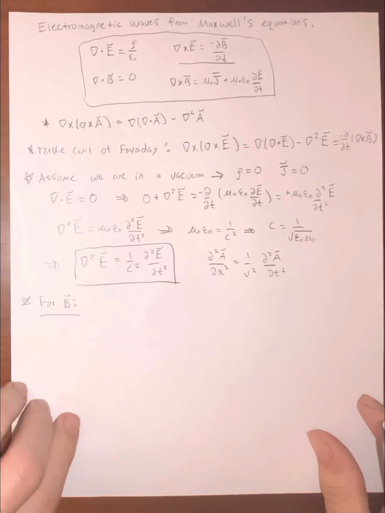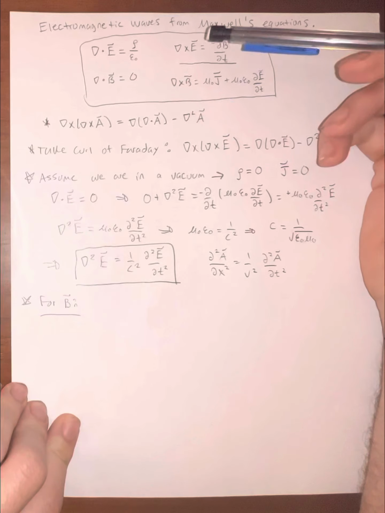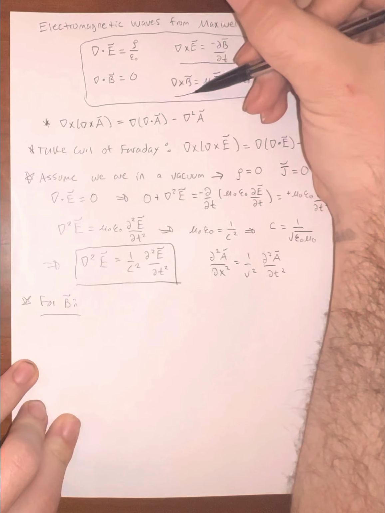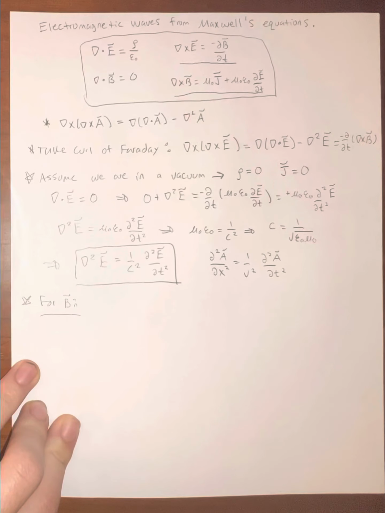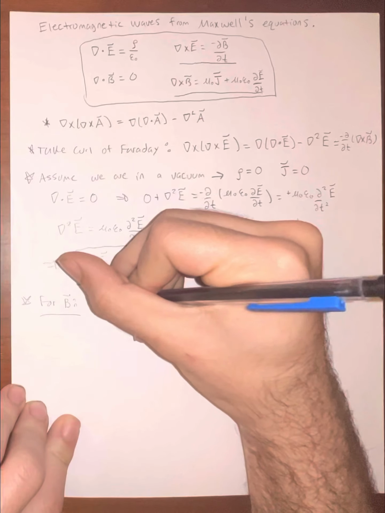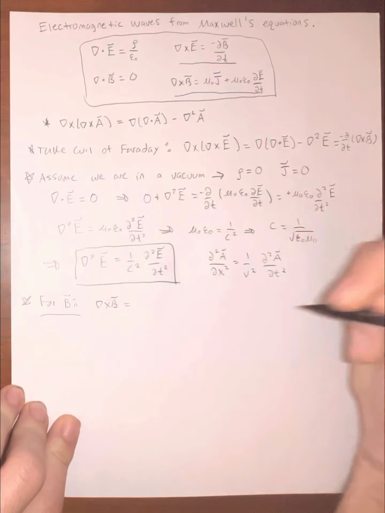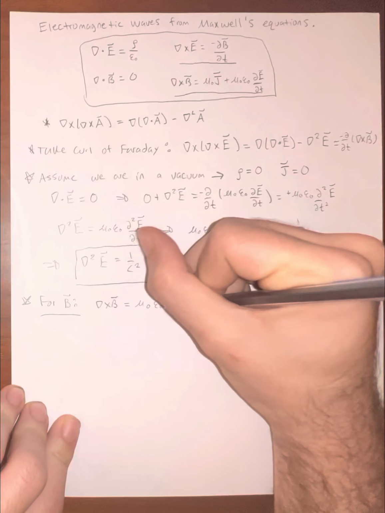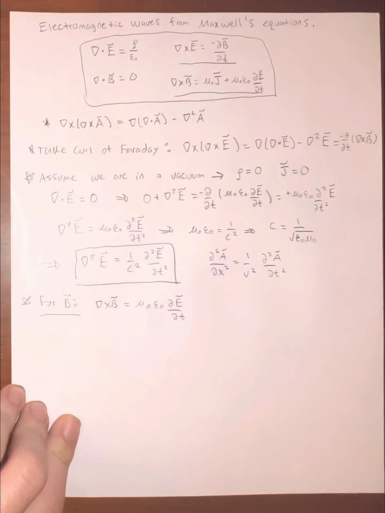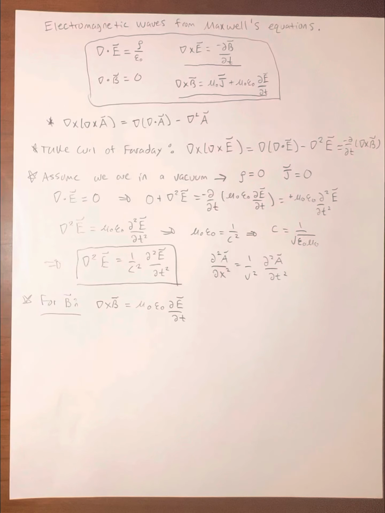So for B, instead of taking the curl of Faraday's law, we're going to take the curl of the Ampere-Maxwell law. And since we're in a vacuum, J becomes 0. So the Ampere-Maxwell law just becomes del cross B is mu naught epsilon naught dE dt.